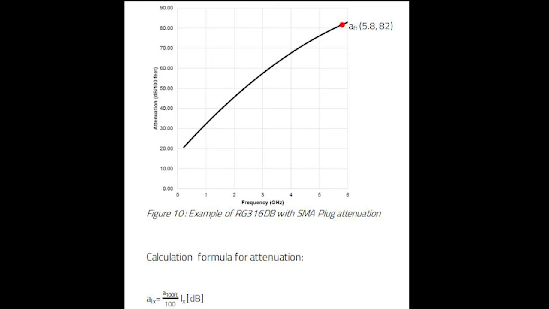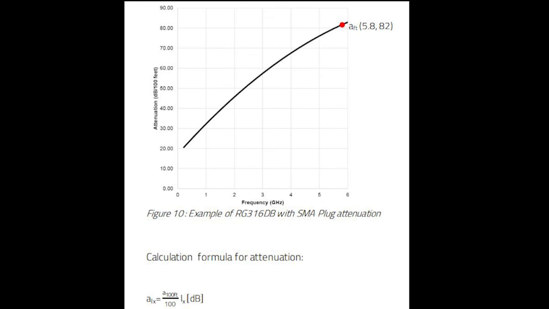Now the formula is the attenuation at the desired cable length equals the attenuation per 100 feet divided by the factor in feet for normalization to 1 foot, times the desired length in feet. So using this formula to calculate attenuation of 3 feet at 5.8 gigahertz would give us 2.46 decibels.